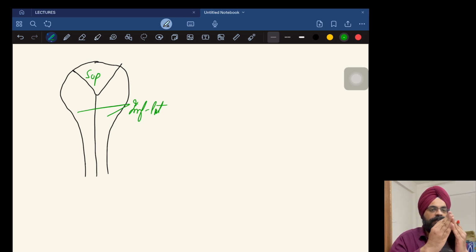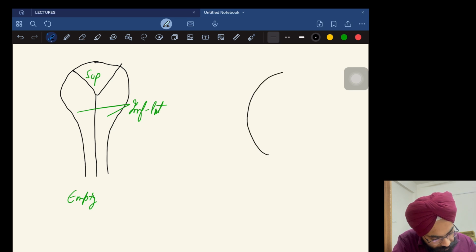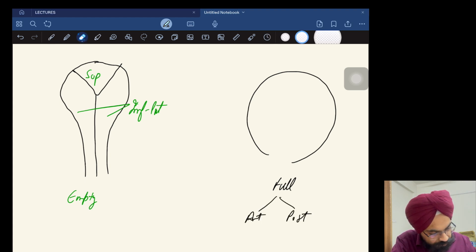This is the superior, and this back is your posterior surface when the bladder is empty. Now when the bladder is full, it becomes ovoid. So in full, it has anterior surface and posterior surface.